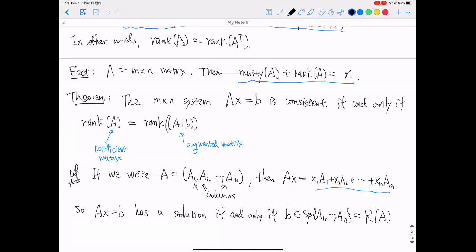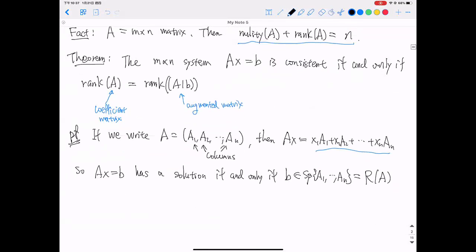Now what? Note the following. Note that the span of A1 through AN sits inside the span of A1 through AN and B, right?